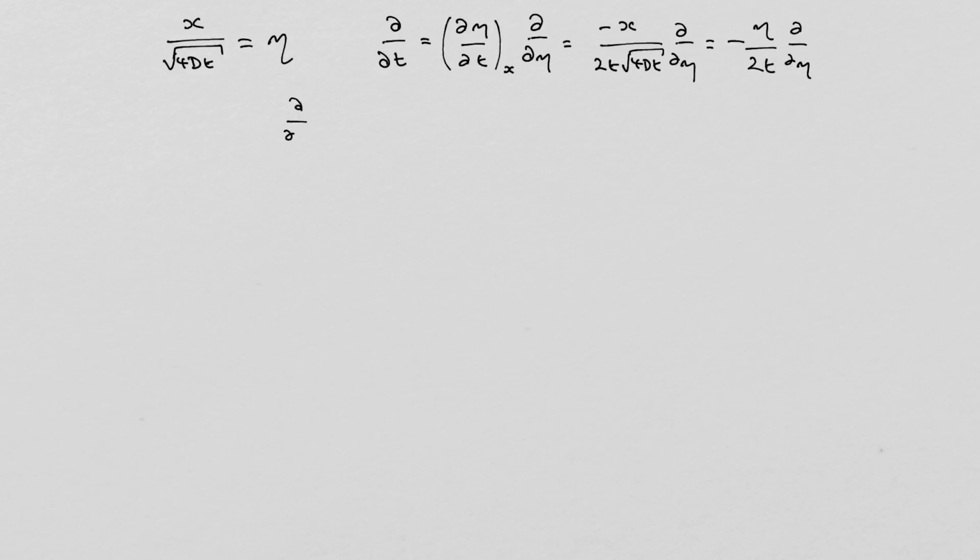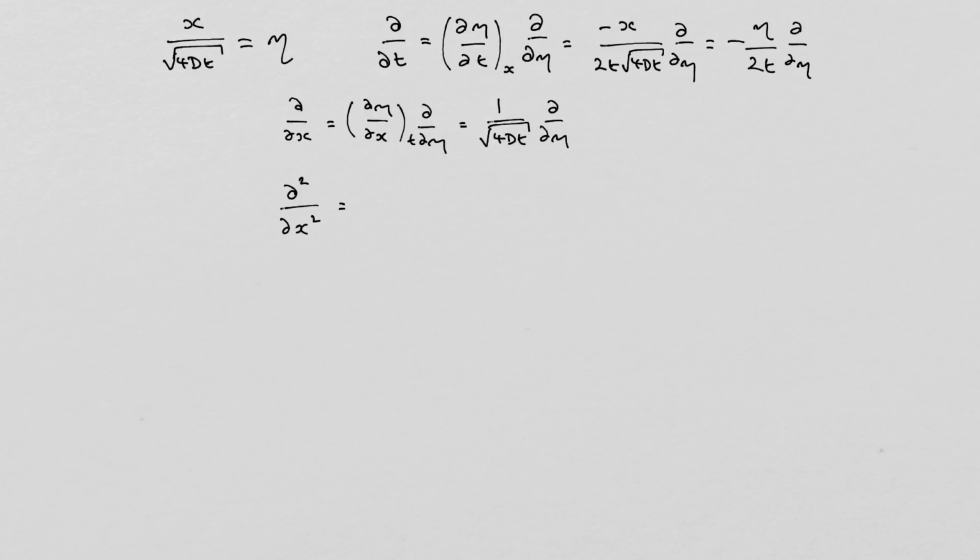d by dx similarly is d eta by dx at constant t times d by d eta. That is rather easier to deal with. And therefore d2 by dx squared, I would do the same thing again.